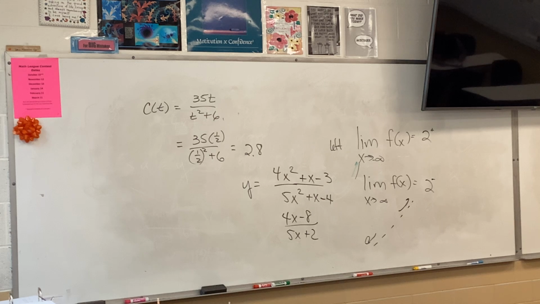What's the limit? What did you say it was? Yeah, 2,500. And how did we get that? That's just the horizontal asymptote, 25 over 0.01. What does that mean? 2,500, interpret that.